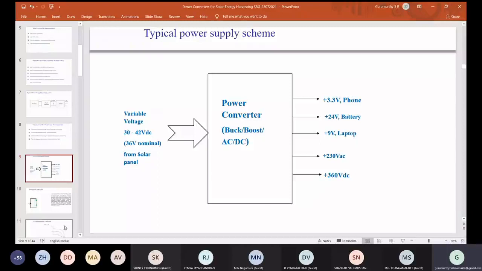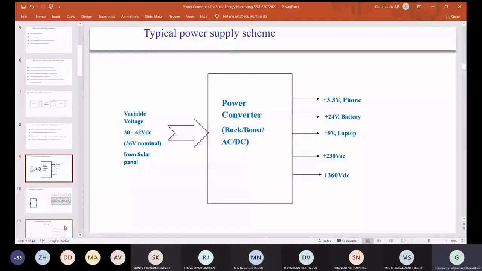With maximum light intensity, it can go up to 42 volts, or it can come down to 30 volts. So the range of voltage variation is from 30 to 42 volts. This is the output of the energy source, that is the solar cell, which is available: 30 to 42 volts.